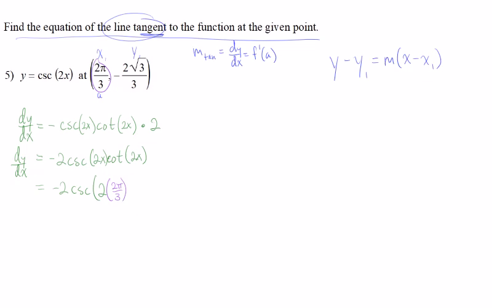I'm going to put that 2 pi over 3 everywhere there's an x. So I'll rewrite this: negative 2 cosecant of 2 times 2 pi over 3, times cotangent of 2 times 2 pi over 3. When we multiply 2 over 1 times 2 pi over 3, we get 4 pi over 3, so we end up with 4 pi over 3 there and there.